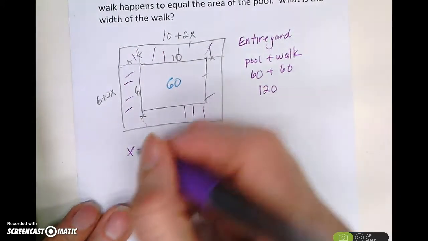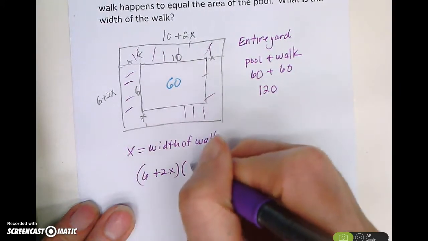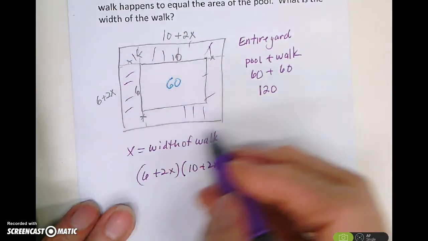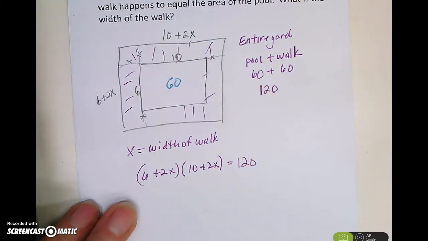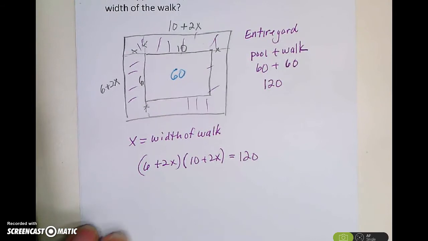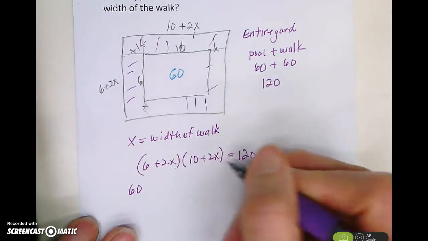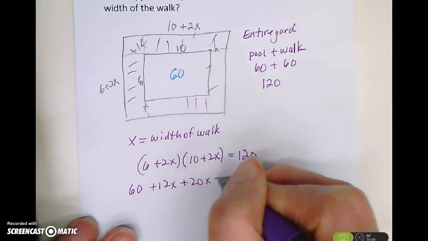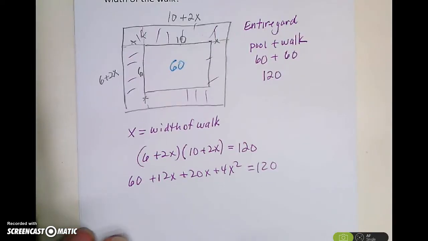So we'll say that 6 plus 2x times 10 plus 2x is going to be equal to the area of the entire yard, which is 120. All right, so now we're ready to get it in standard form so that we can use the quadratic formula. So we'll multiply that out and get 60 plus 12x plus 20x plus 4x squared equals 120.